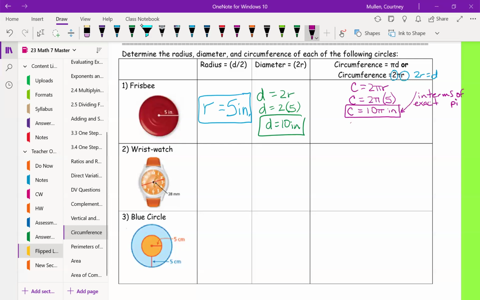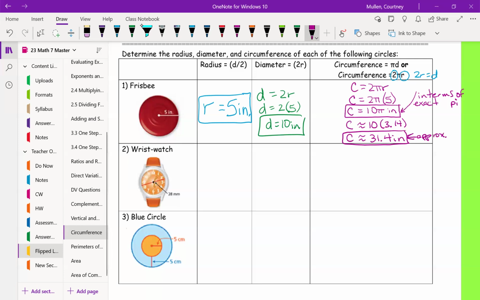To get an approximate answer, we're going to approximate the value of pi to 3 and 14 hundredths and multiply. An approximate value here would be 31 and 4 tenths inches. So this is our approximate value.